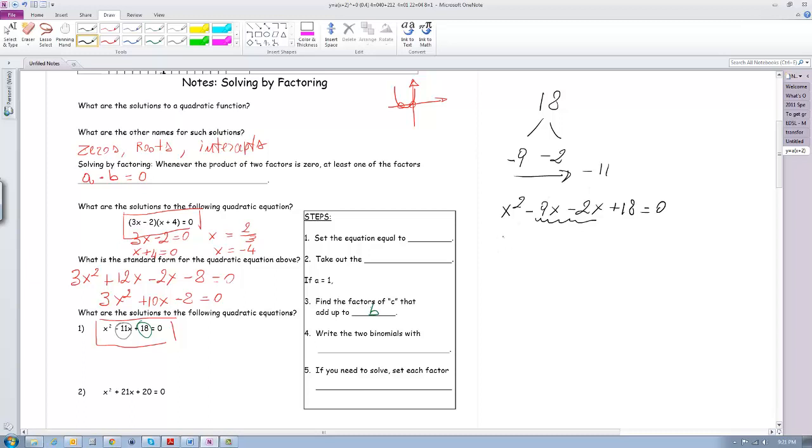What this allows me to do is split this equation in two. Let me write it down more correctly here.